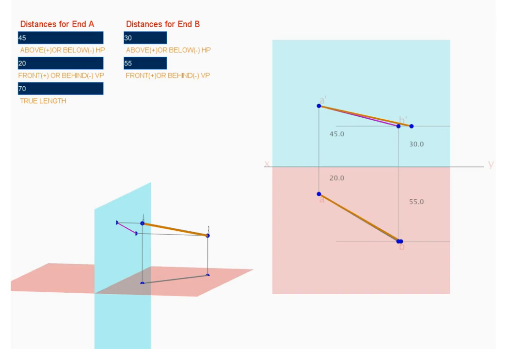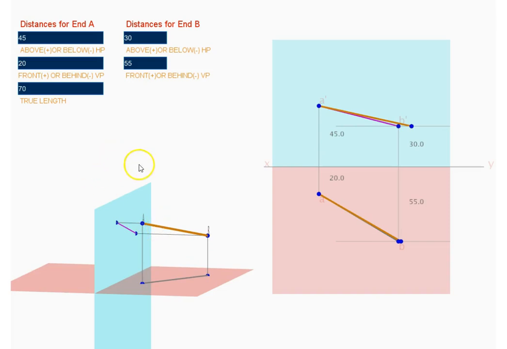So we are giving 5 different data. On the bottom left hand side is a representation of the line, this 70 mm long line, oriented in a particular orientation with respect to HP and VP, which finally we are going to find out how much it is tilted with respect to HP, which is part of the question.